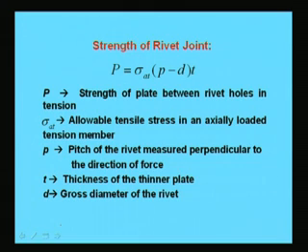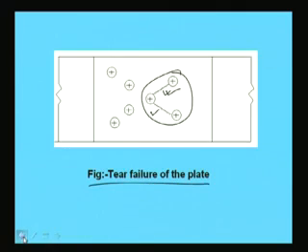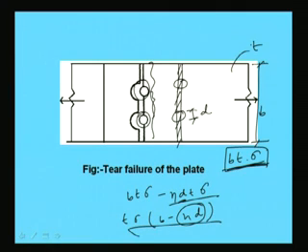So, how do we find out the strength of the rivet joint? From this, the strength will become sigma AT into P minus D into T. What is capital P? Capital P is the strength of plate between rivet holes in tension, right. So, here the strength we will find out.